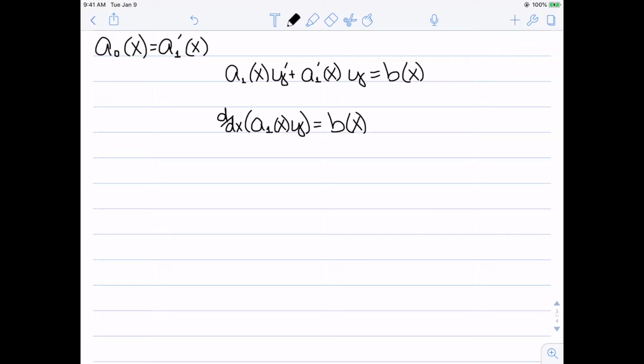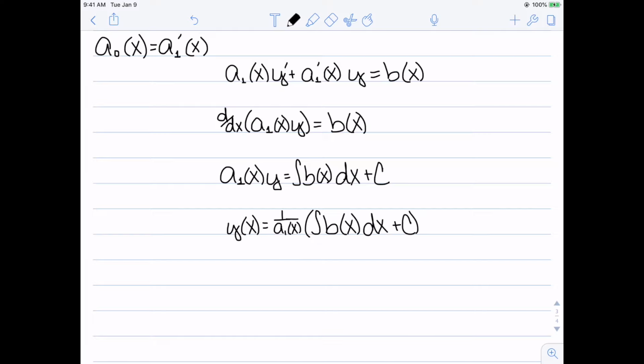So I'm going to condense that down to the derivative of a1 times y. From there, we can once again integrate both sides, and once we simplify, we get a1 times y equals the integral of b of x dx plus c. We can then divide by a1 to get y equals 1 over a1 times the integral of b of x dx plus c.